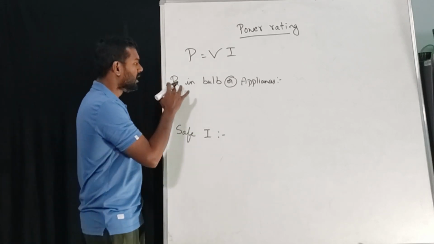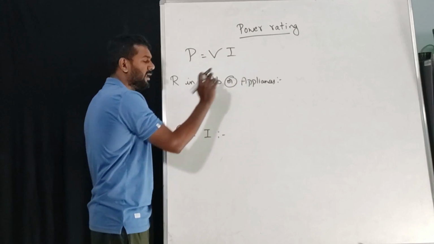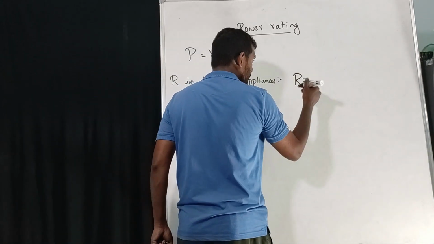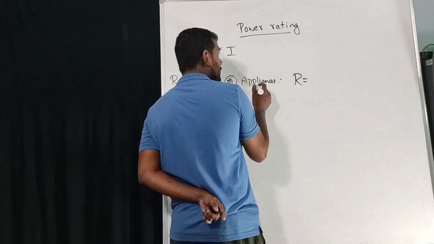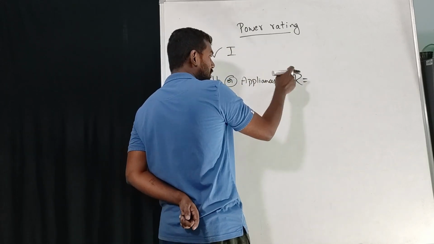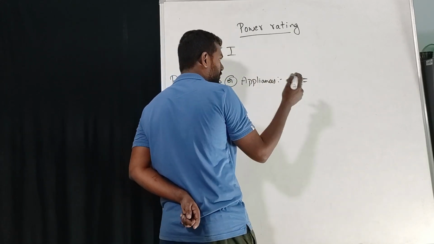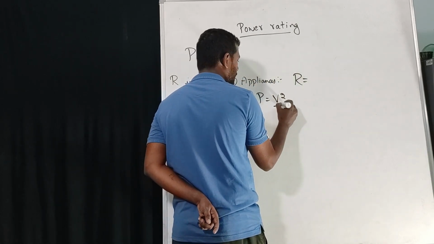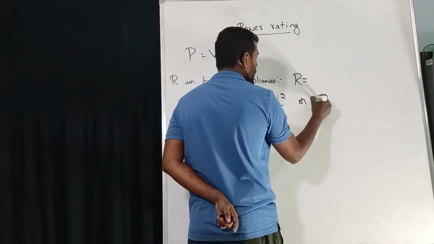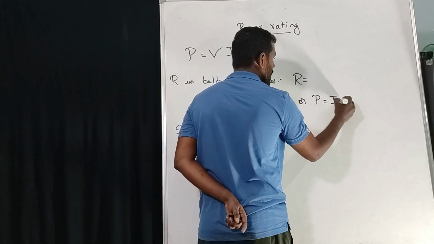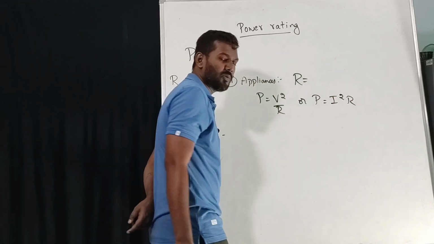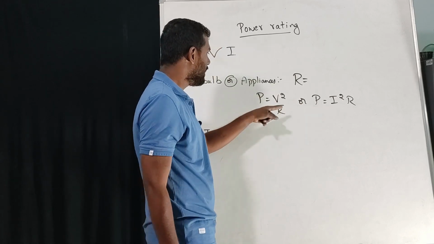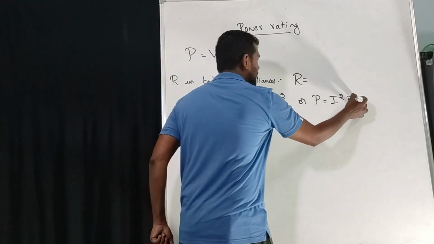Next, resistance in the bulb or appliances. To find resistance using power, we have two formulas. Power is equal to V square by R, or power is equal to I square R. These are the two formulas using resistance.